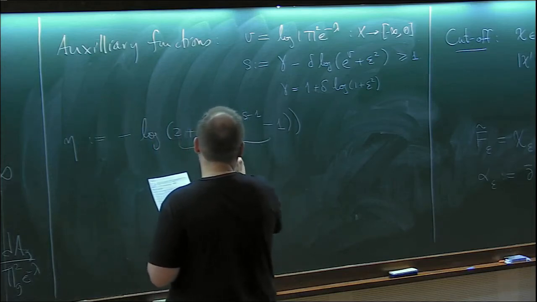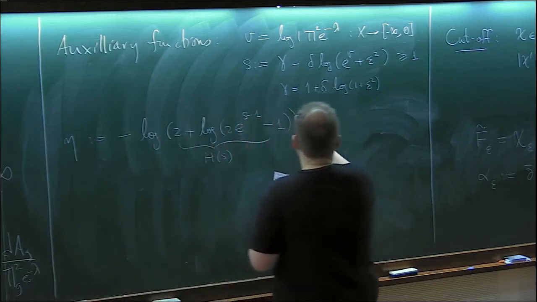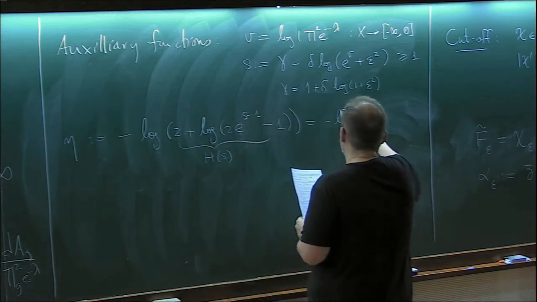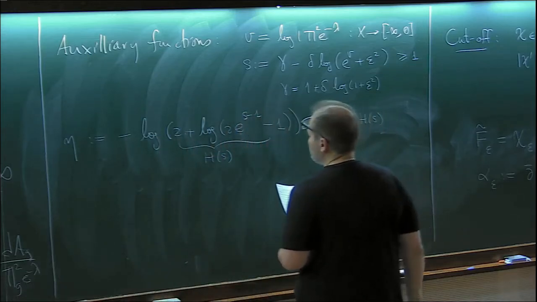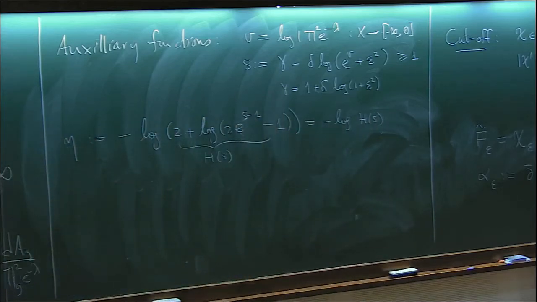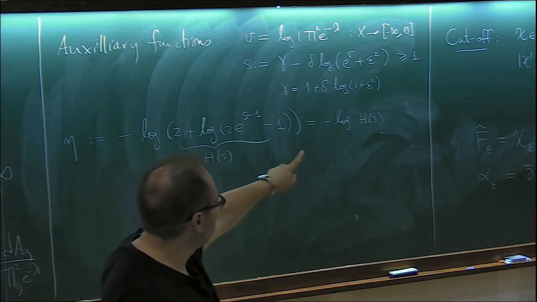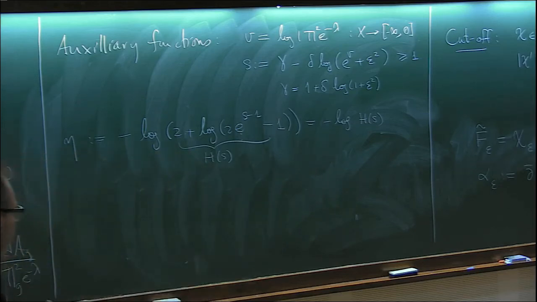Let me call what's inside this logarithm h of s. So this is negative log h of s. Epsilon is some fixed number. It's the same epsilon that we had in the cutoff.